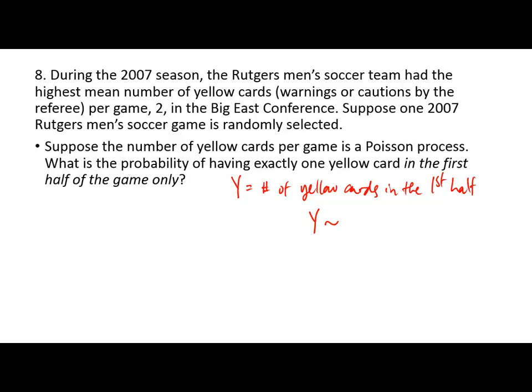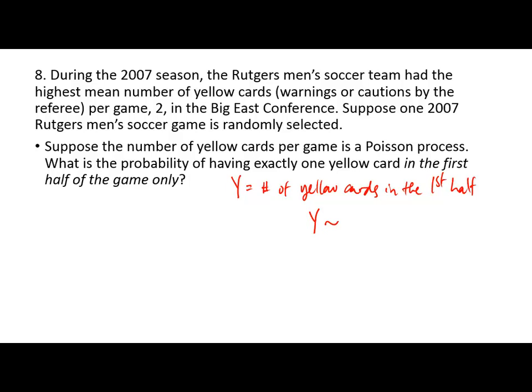Before, we know that the number of yellow cards in the whole game is Poisson with mean 2. What if I'm just looking at the first half of the game? Ignoring the parameter, what kind of distribution is y going to have? I'm counting a number of occurrences in a fixed amount of time.